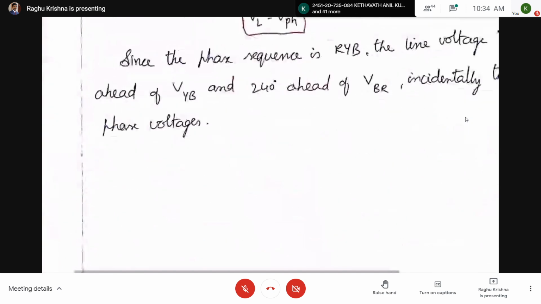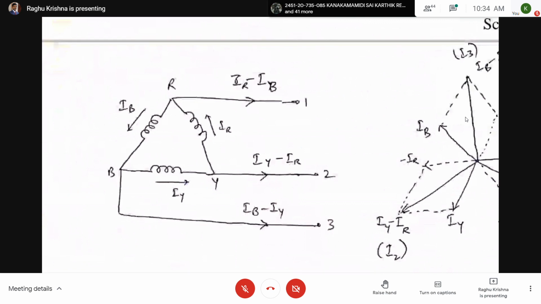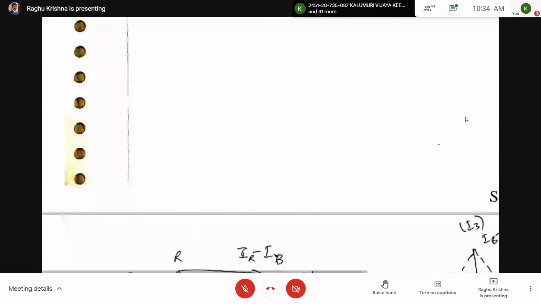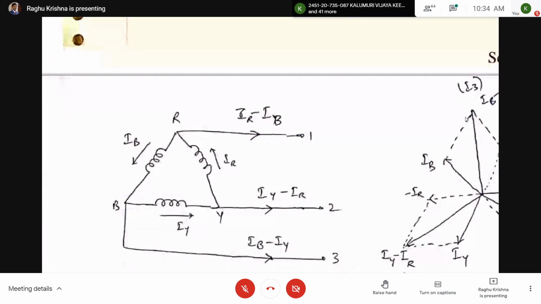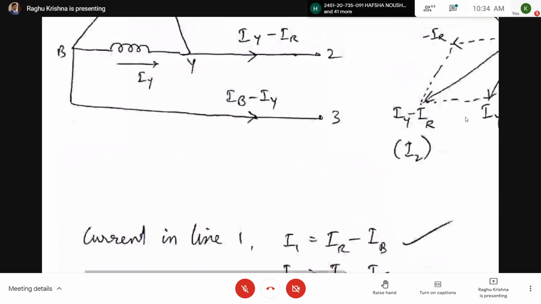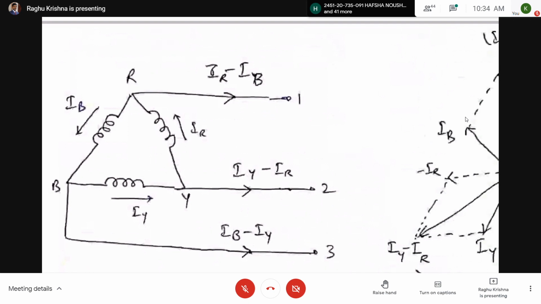Next, coming to the relation between line current and phase current. By seeing this diagram, you can say that IR is the phase current. What about I1? I1 is the line current, the current in line 1. Instead of R, Y, B, I have taken lines 1, 2, 3. If you see the first figure, can you see 1, 2, 3?